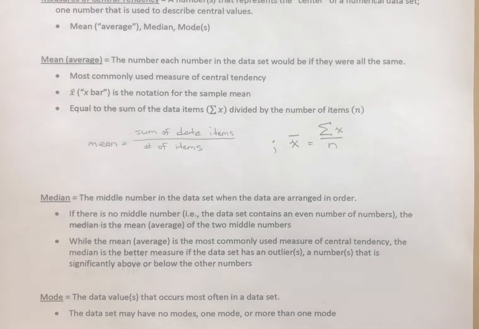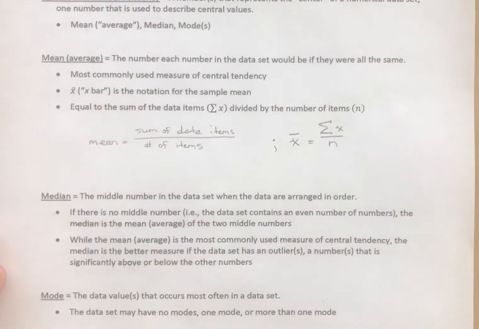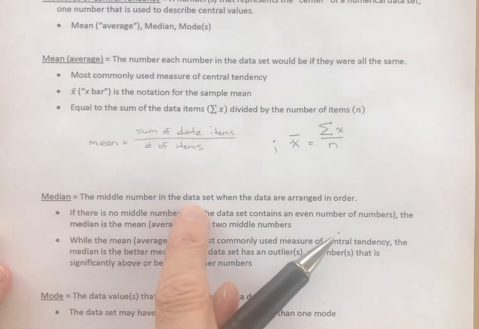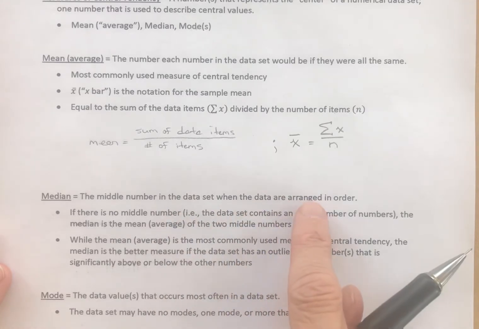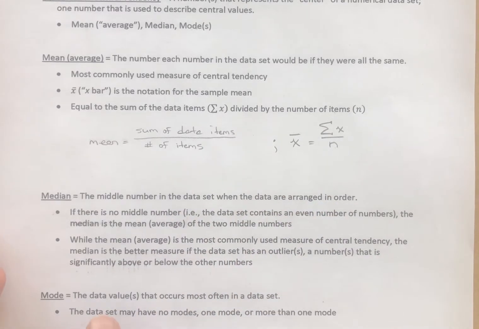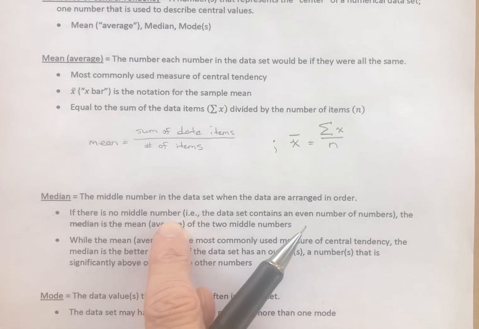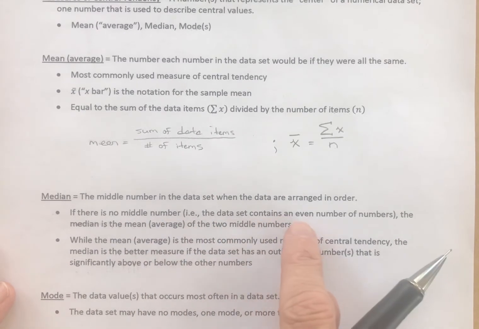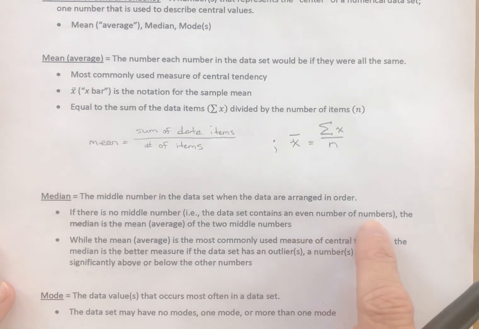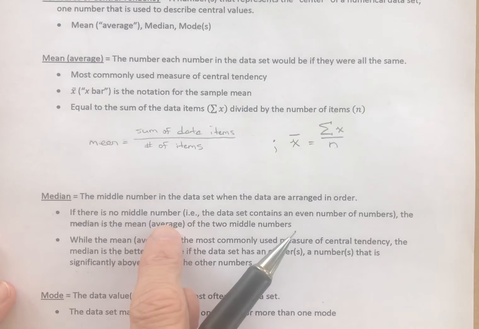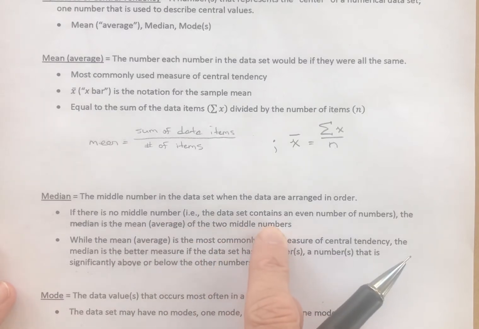Okay, so the median. Next up, the median is the second most popular. It's the middle number in the data set when the data are arranged in order. Okay, well, if there is no middle number, in essence, if the data set contains an even number of numbers, the median is the average or the mean of those two middle numbers.